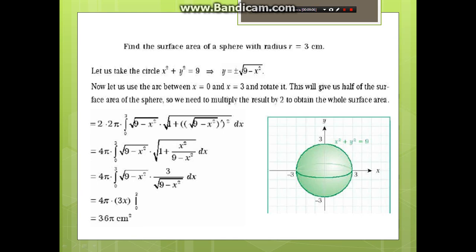This will give us half of the surface area of the sphere, so we need to multiply the result by 2 to obtain the whole surface area. You see the solution of the integral, answer 36 pi.